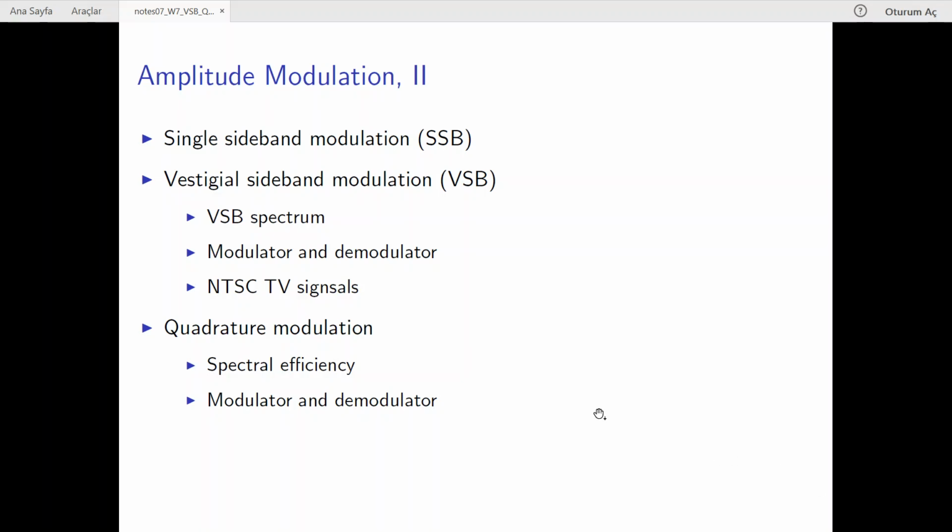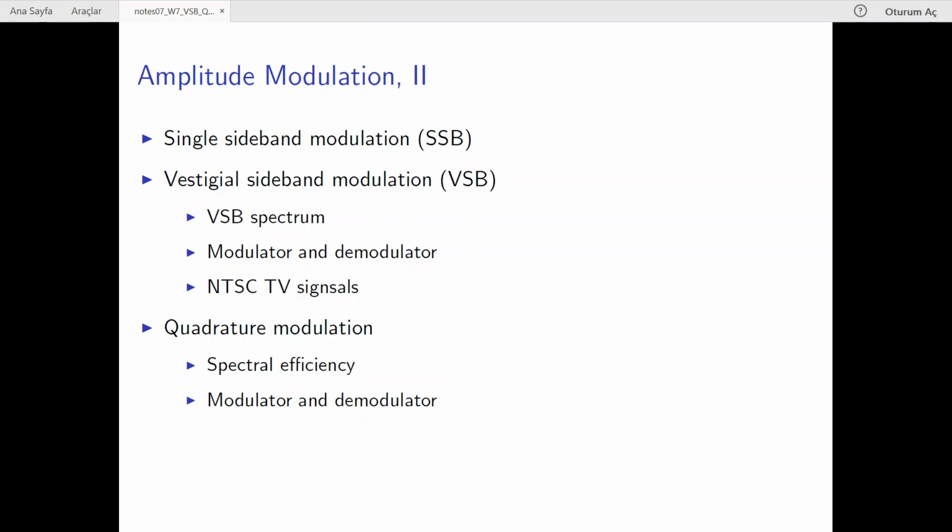For vestigial sideband, we will study the generation process and the detection process, mathematically, graphically, and by block diagram. Basically the modulator and demodulator. And then after we finish vestigial sideband, we'll move to quadrature modulation.